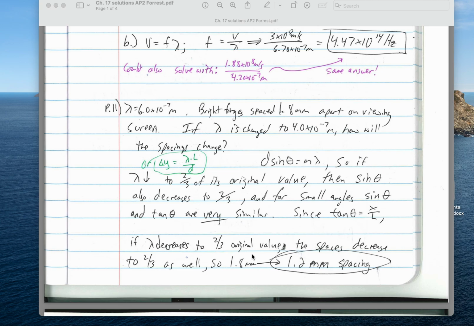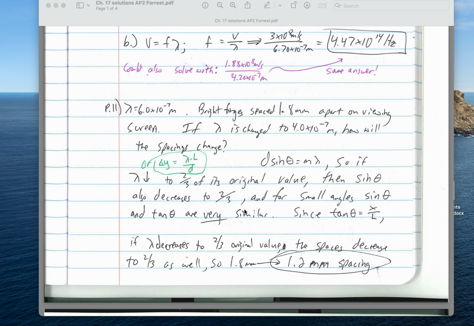For problem number 11, it says a double slit experiment is performed with light of wavelength 600 nanometers. Bright interference fringes are spaced 1.8 millimeters apart. What would the fringe spacing be if the light is 400 nanometers? In this case, you could use a couple of different versions of this. This is probably a small angle approximation. Essentially, if the wavelength is down to about 2/3 of what it was initially, 400 instead of 600 nanometers, then the sine theta also has to decrease to 2/3.